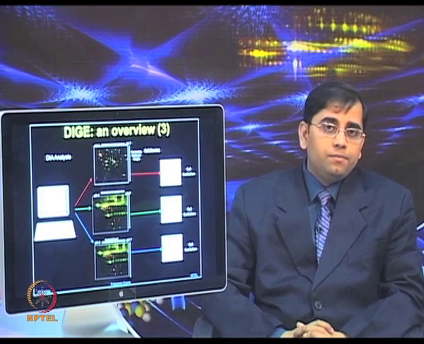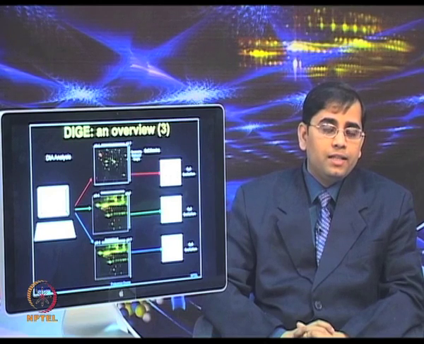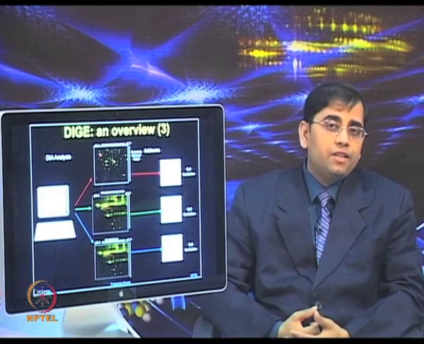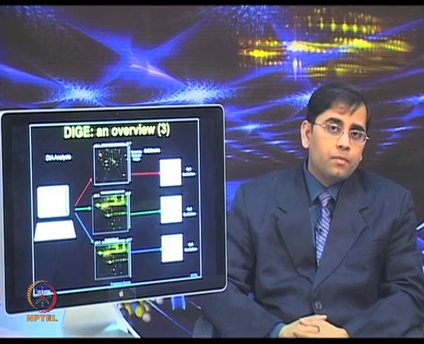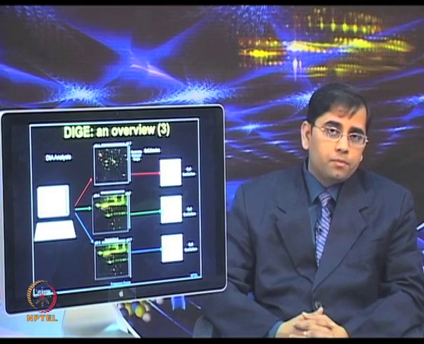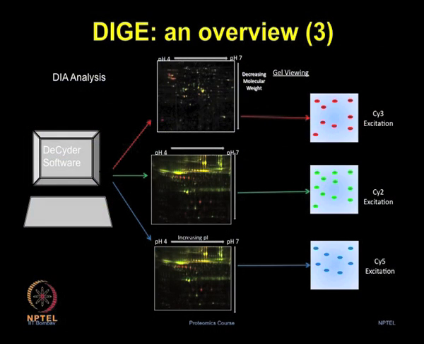So, if your aim is to resolve thousands of proteins and cover comprehensive proteome coverage, then DIGE is a very good platform, especially if you want to do comparative or differential proteomic analysis, because gel to gel variations and other variations will be minimized and the dyes will provide very high sensitivity.